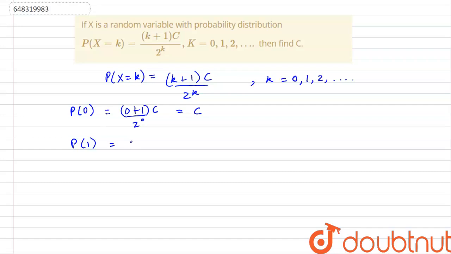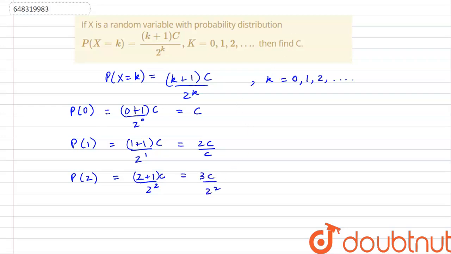So that will be (1 + 1) divided by 2 to the power 1 into c. So this will be equal to 2c divided by 2. The probability that X is equal to 2 is when we put k equal to 2. This will be (2 + 1) by 2 to the power 2 into c. This will be 3c by 2 squared.